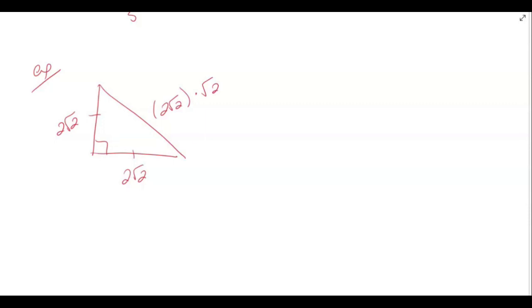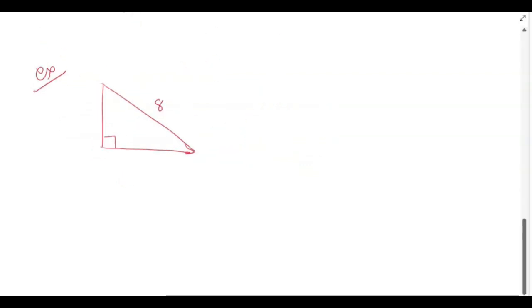So what does that look like? So that's 2 square root of 2 times square root of 2. And the square root of 2 times the square root of 2 is just 2, which means my side length is 4. Okay, so you're going to have to be using those algebra skills too in order to be able to deal with those radicals.